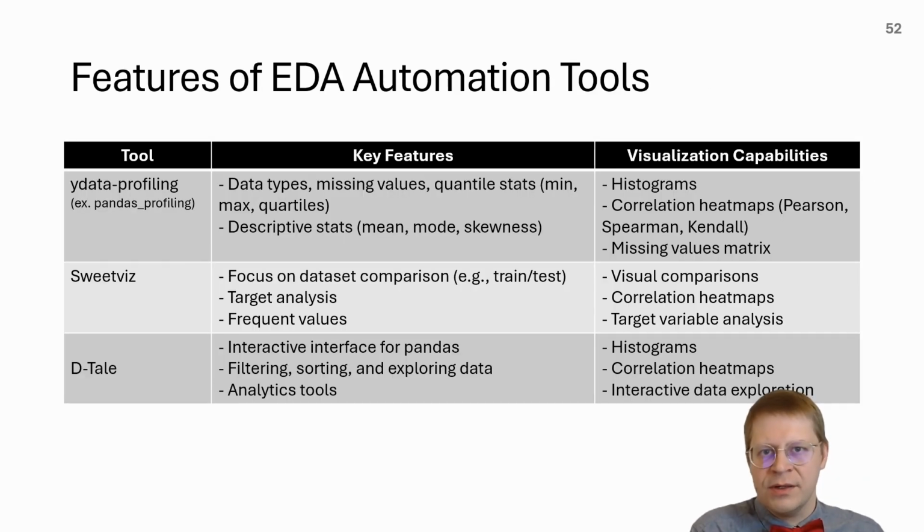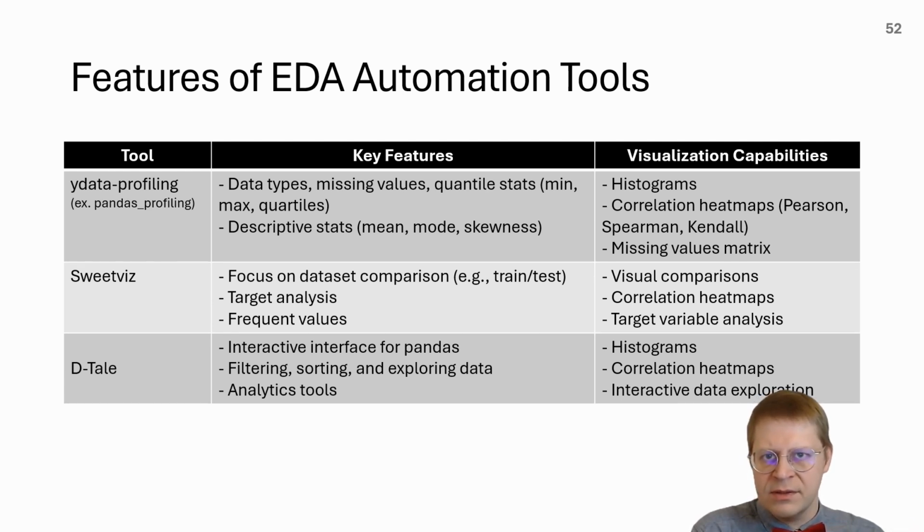And if we take a closer look at some popular EDA automation tools, for example, data profiling, often seen as Pandas Profiling, provides detailed descriptive statistics, missing value matrices, histograms, and a lot of nice things.